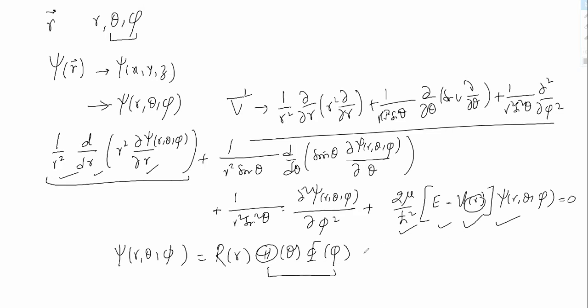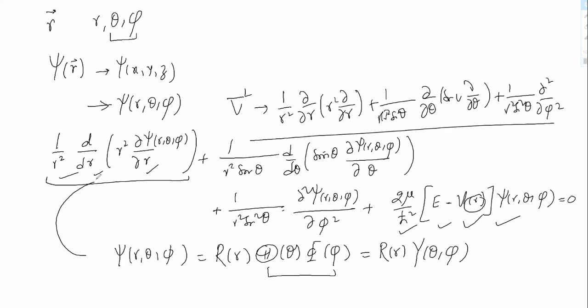Generally, we put the angular parts together and call them Y(theta,phi), because initially you will realize that first we have to separate the radial part and then we separate the angular part.